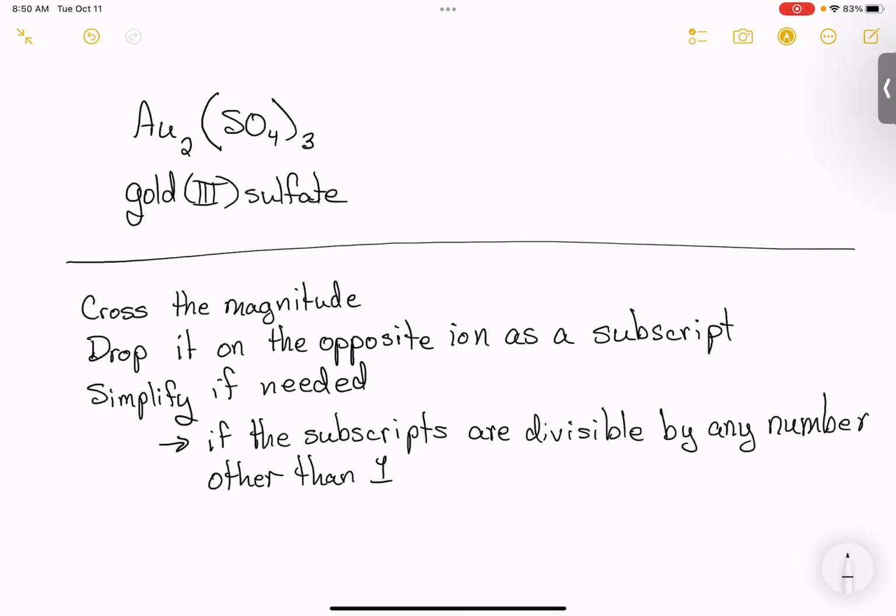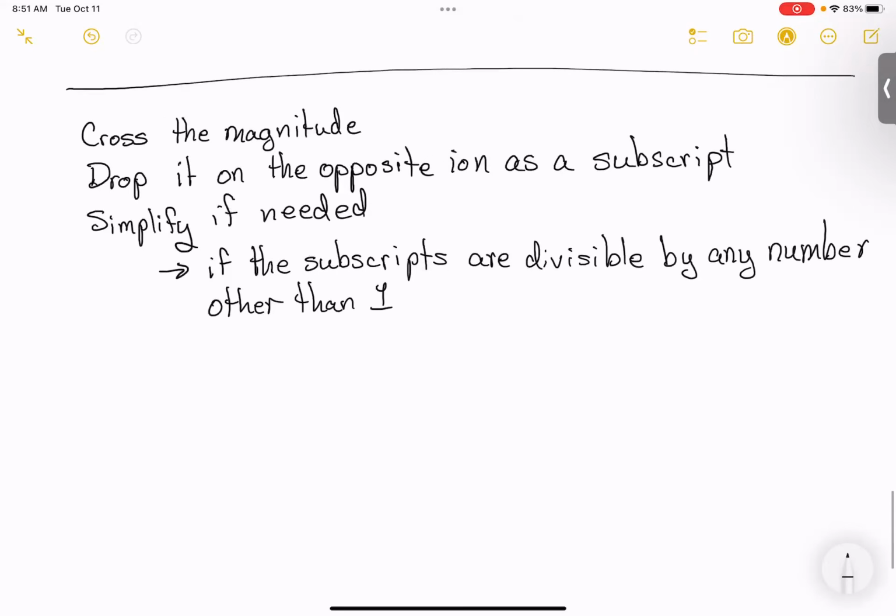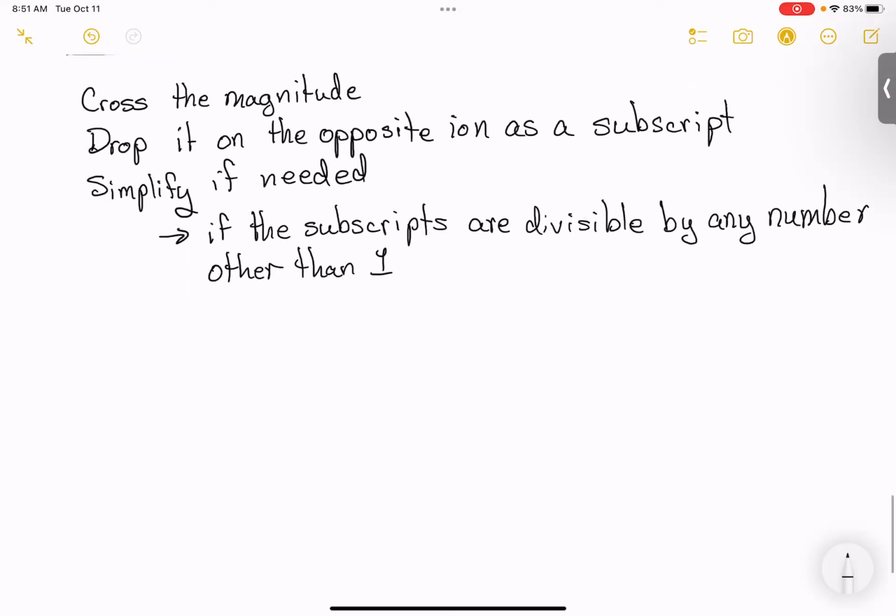I'll typically just call it cross, drop, simplify, but I wanted to explain what you're crossing, dropping, and simplifying. So let's go back to that example of Au 3+, SO4 2-.